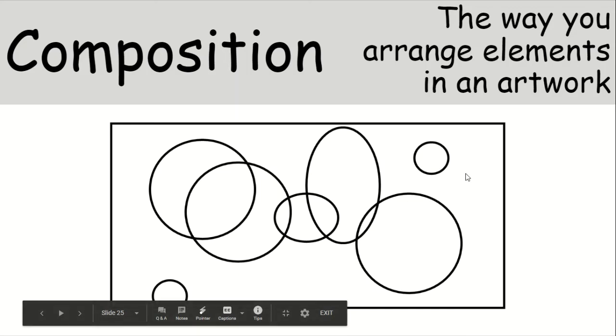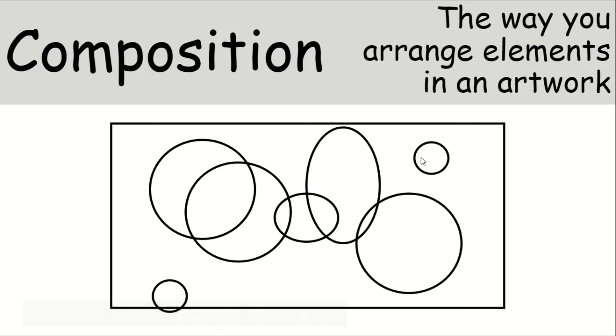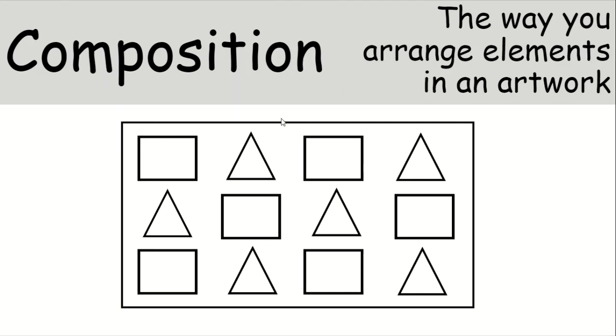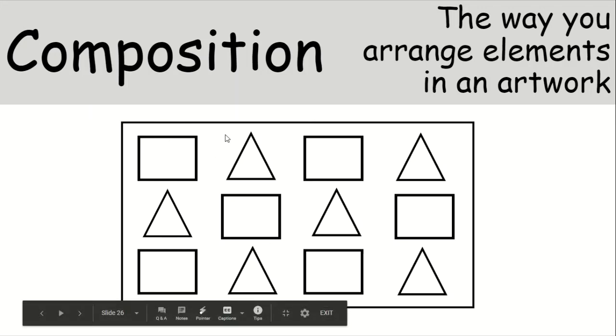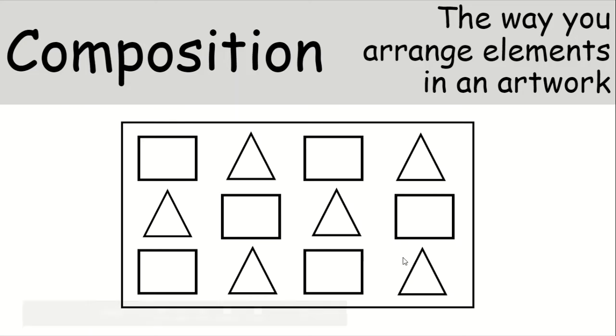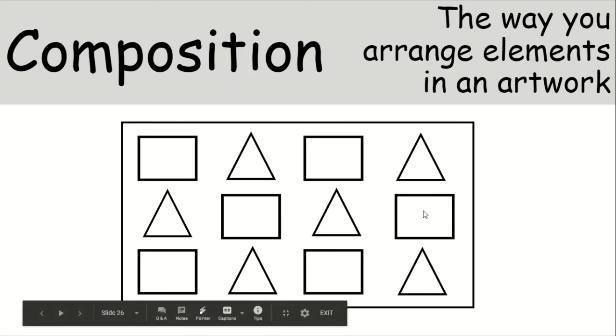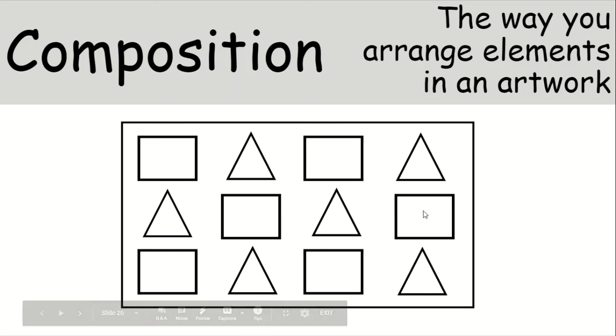This is all up to you guys, how you want to arrange your shapes and your lines and your colors on your paper, okay? If you don't like the way how Kandinsky's artwork is a little chaotic and all over the place, you can be more uniform and have organization to it. This is your composition, so I want you to do what you feel is best.